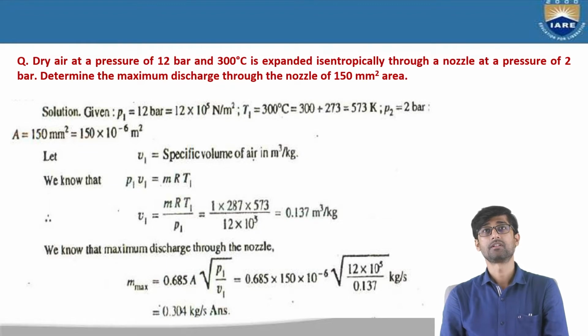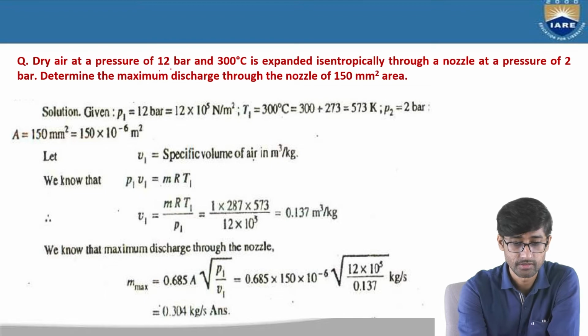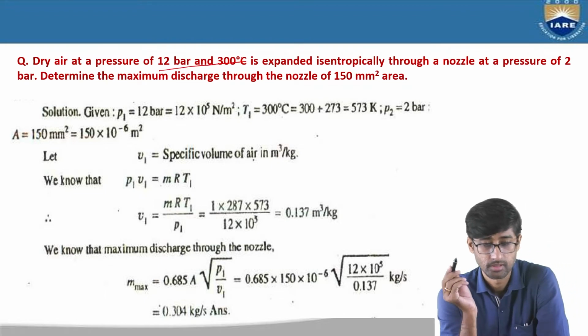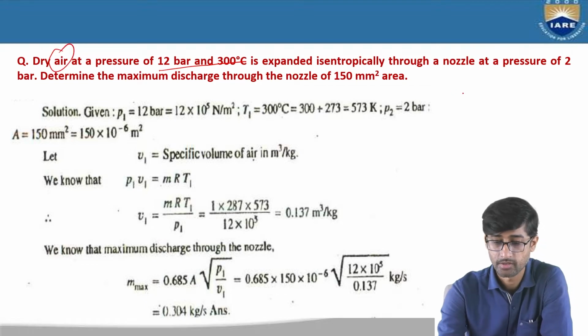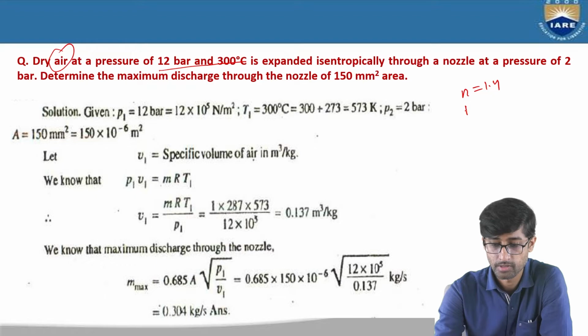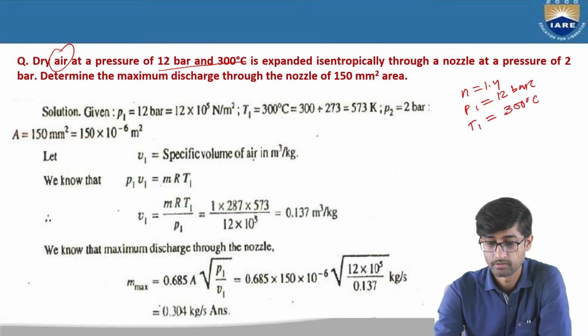Now the question is: dry air at a pressure of 12 bar and temperature 300 degrees Celsius. The refrigerant we are using is air, that means n is equal to 1.4. The initial pressure P1 is given as 12 bar and the temperature T1 is given as 300 degrees Celsius.